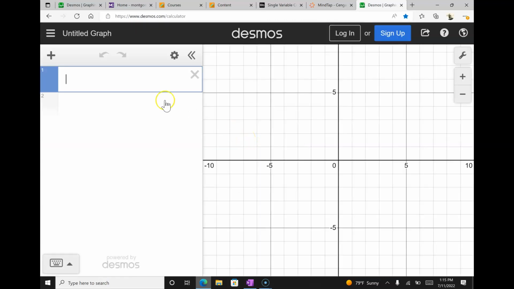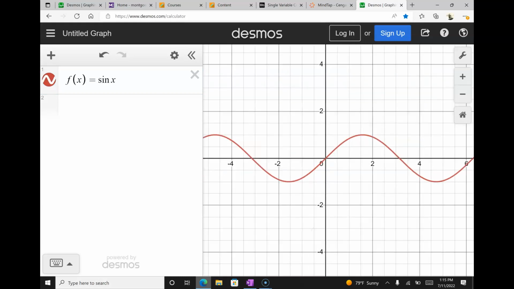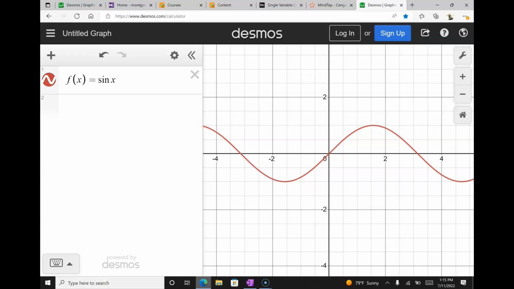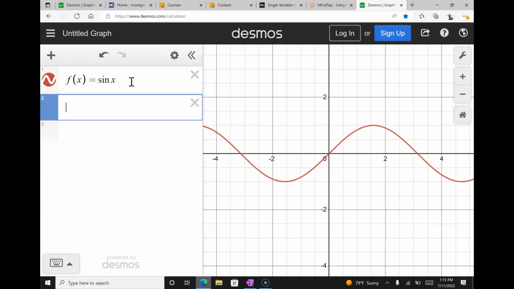So I'll put in f of x equals, let's say, sine of x, right? And then I'm going to plot 0, 0, because I'm interested in the slope at 0, 0.